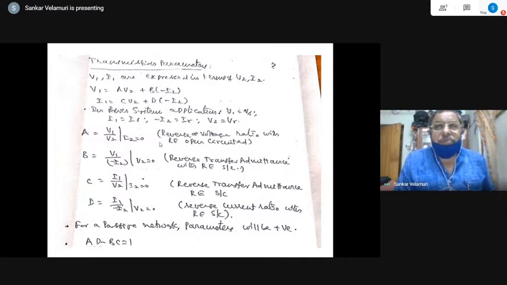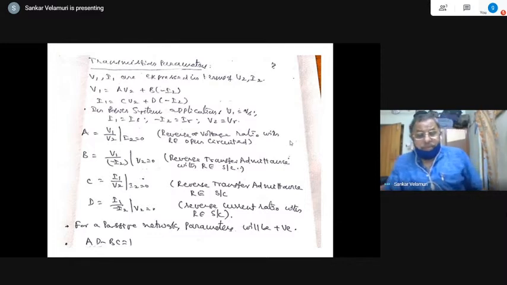Whether it is symmetrical, whether it is reciprocal only, whether it is not symmetrical, or whether it is symmetrical as well as a reciprocal network. So in general, I repeat, a transmission network may be only a reciprocal network, only a symmetric network, a symmetric and reciprocal network, etc.